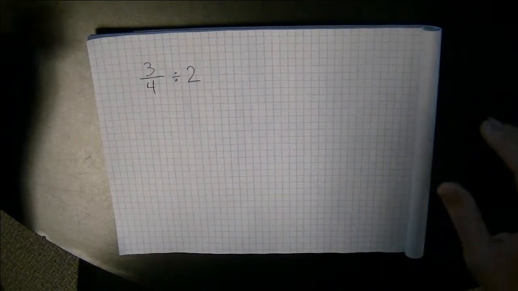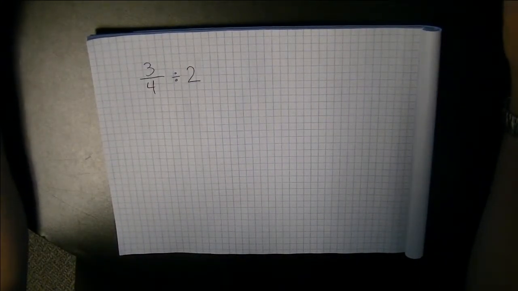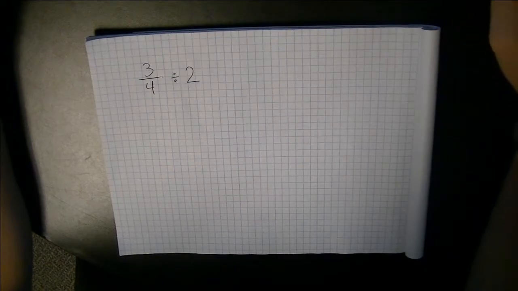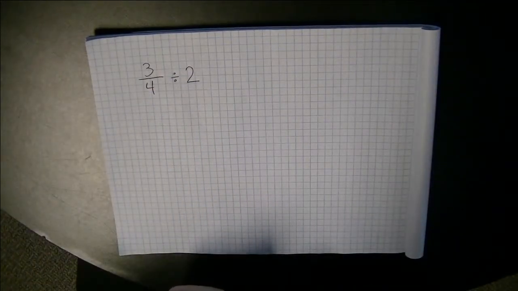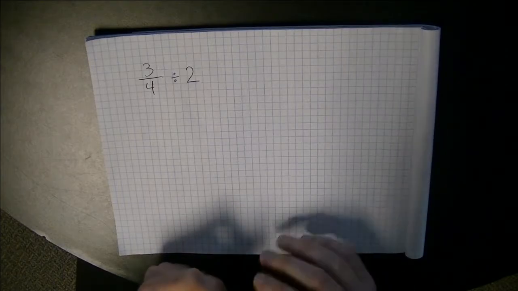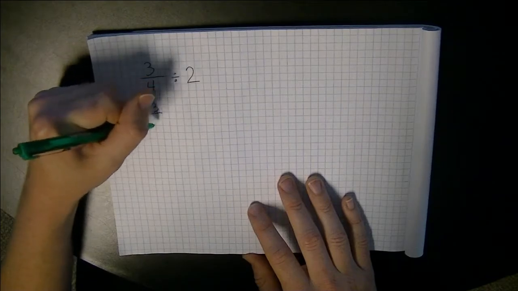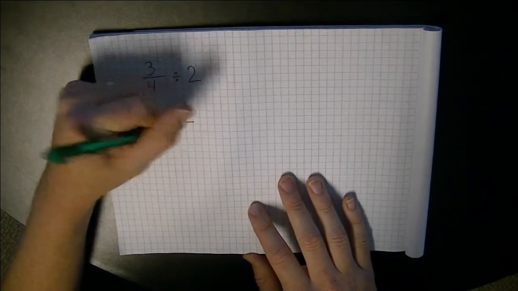Okay, so if I'm going to divide by 2, another way to think of that is to say I want half of the number, right? So what we do when we're dividing by fractions is do exactly that. Rather than saying 3/4 divided by 2, we're going to say half of 3/4.